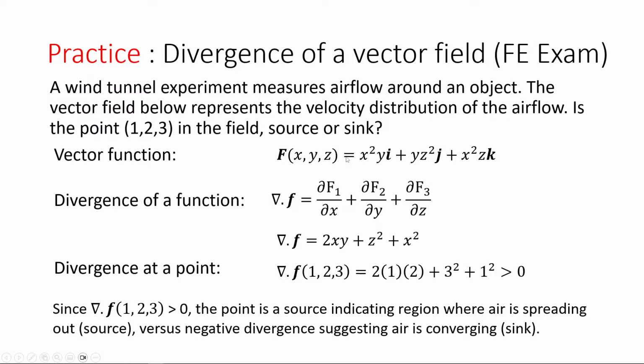You evaluate these derivatives, and then you can evaluate at a point. If it is larger than zero, this means a source, indicating a region where air is spreading out, for example, versus negative divergence, meaning air is converging, a sink. Okay.